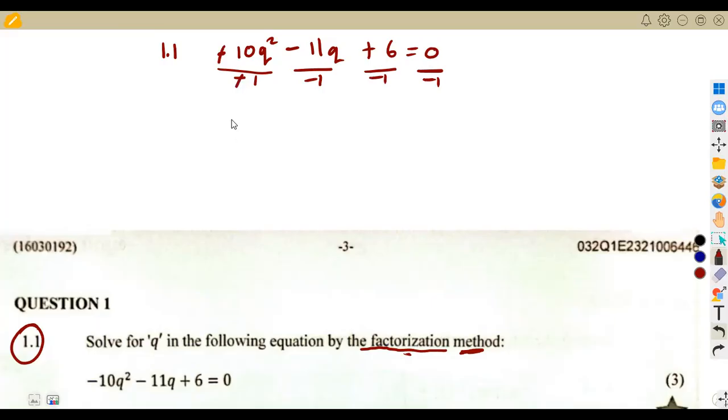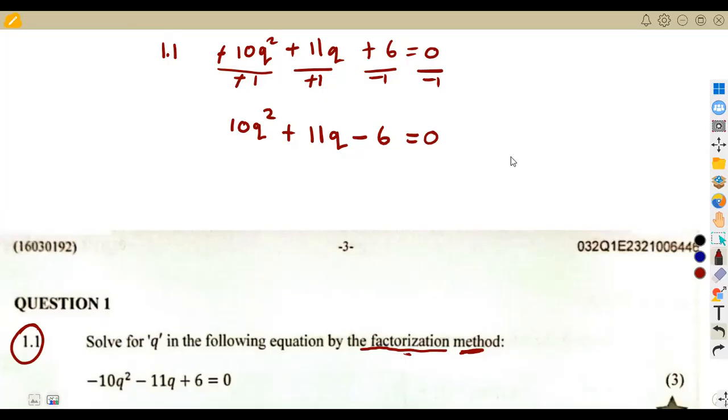So this is going to cancel here. So you have positive 10q squared. This also cancels. We've got a positive 11q, and positive and negative, that's a negative 6, which is equal to 0. If a 0 is divided by a number, it remains as a 0. It's not a positive, it's not a negative, all right?